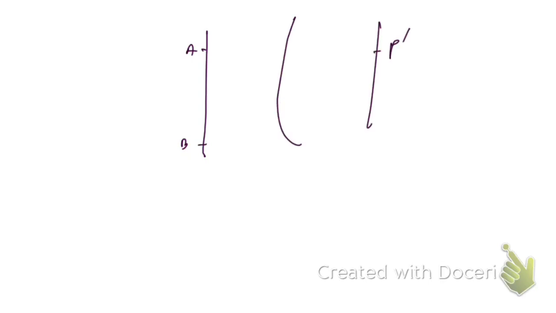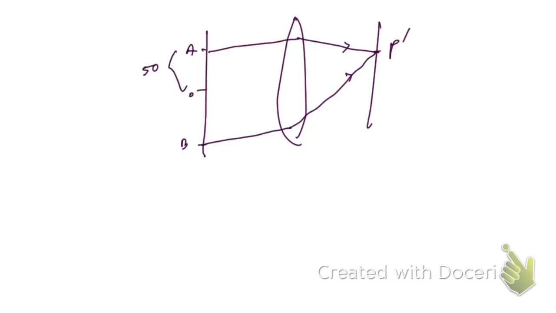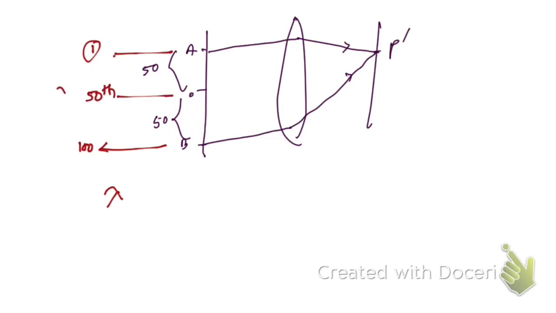Okay, and this is the lens, and these two are the diffracted rays, secondary waves that are focused at P. Now if you consider 50 on this side and 50 on this side, if the path difference between the 1st and the 100th wave is lambda, then the path difference between the first and the 50th will be lambda by 2, and these two will be out of phase at this point.